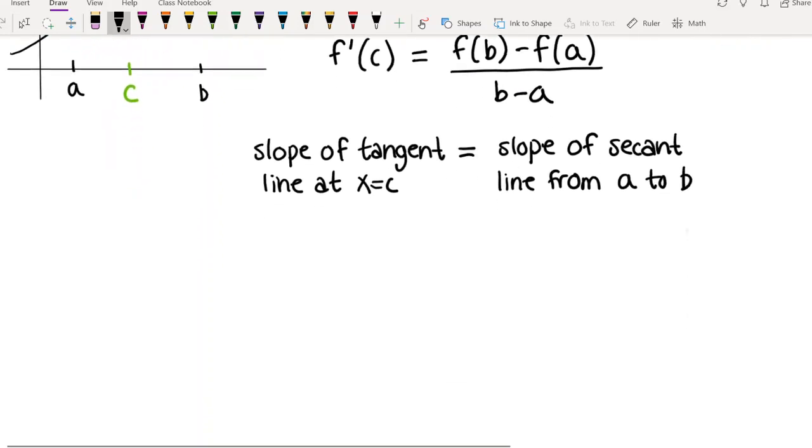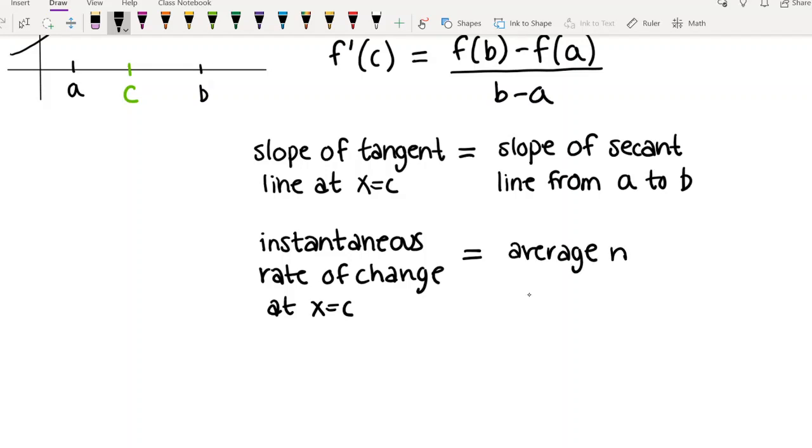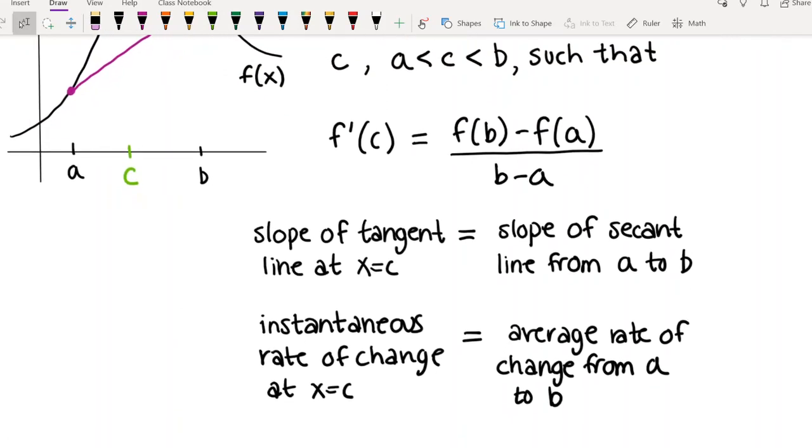And a third way of saying this is you can say that the instantaneous rate of change at x equals c is going to be the same as the average rate of change from A to B. So basically all the mean value theorem is saying is that there exists some number where this happens.